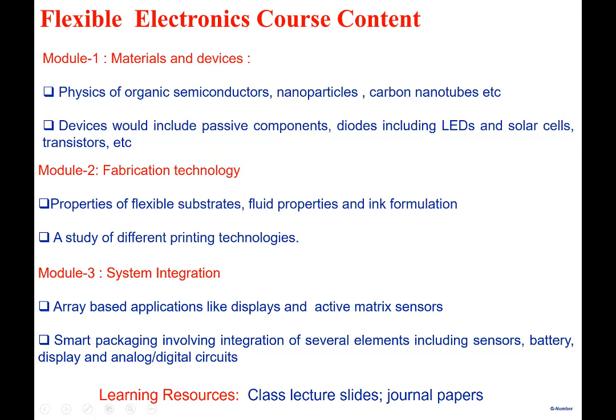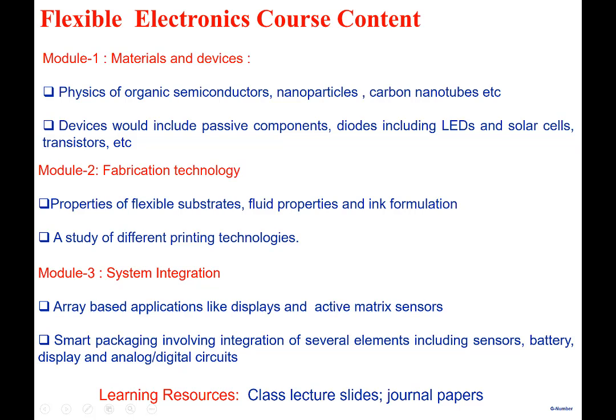So we'll spend a lot of time on the physics of these materials. The next part is how do we take these things and make, so we'll spend some time on LEDs and solar cells and transistors. How do we make these things using amorphous material? So that's the principles and physics of organic materials and devices. The other part is how do we fabricate on flexible substrates, printing technologies and all of those.